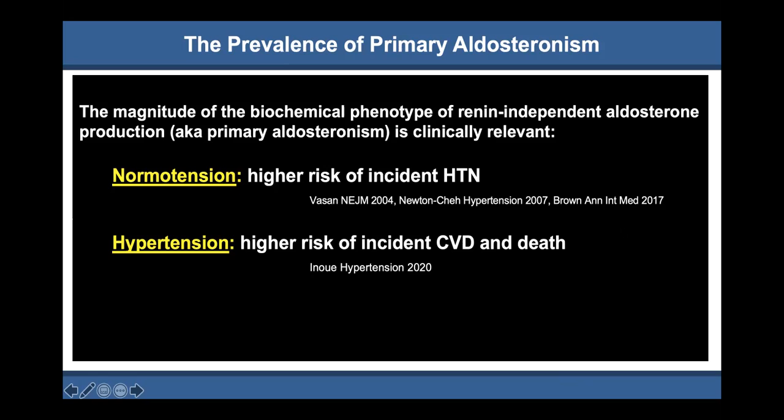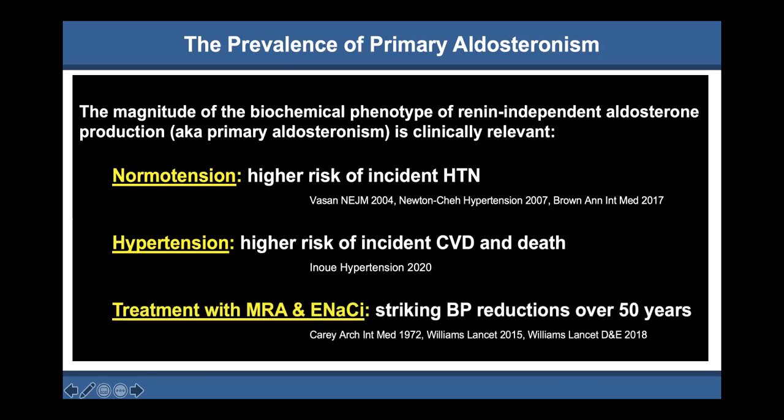And the reason this is so important is we've known now in studies ranging over 50 years, clinical trials and intervention studies, that mineralocorticoid receptor antagonists and ENaC inhibitors in patients with a low renin phenotype, and particularly those with low renin and higher aldosterone levels, result in striking reductions in blood pressure.